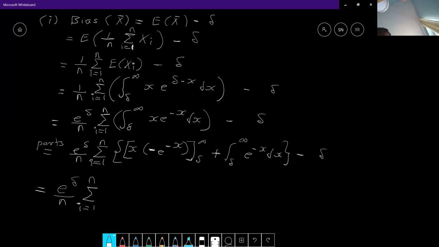Yeah, and you should take the limit at infinity, it will be 0. And the limit at delta will be minus delta e to the minus delta. And then you have the integration of this, which is not difficult.